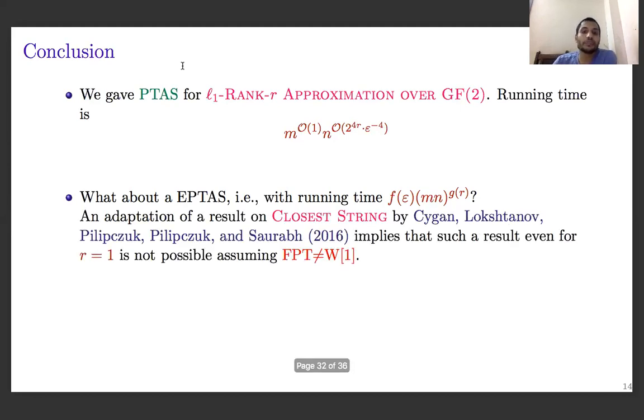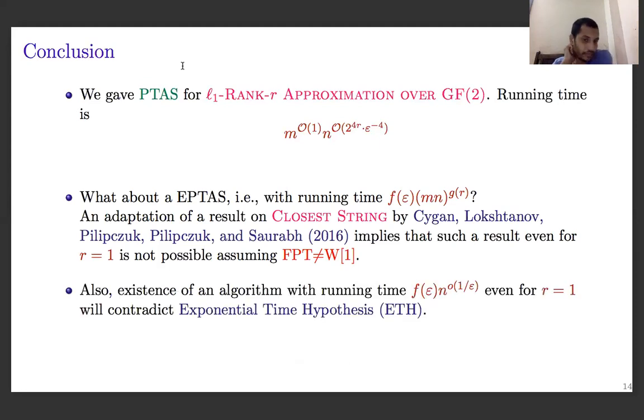But this is not possible by a simple adaptation of a result on closest string by Cygan et al. We can prove that if such an algorithm exists even for r equal to 1, then FPT equals W[1]. So assuming FPT not equal to W[1], we cannot get any EPTAS for this problem.